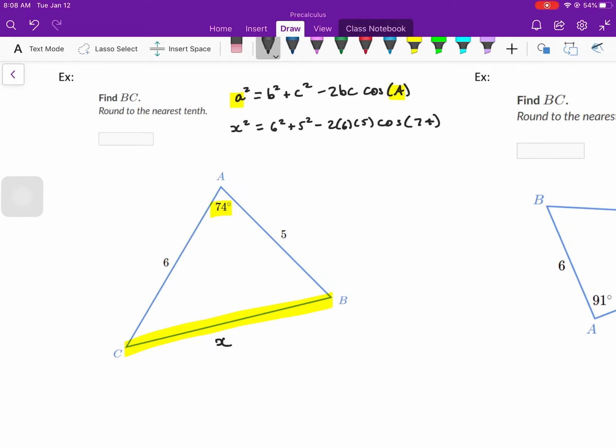So we just got to solve for x. That's going to be 36 plus 25 minus 60 times cosine of 74. So 36 plus 25 is 61.